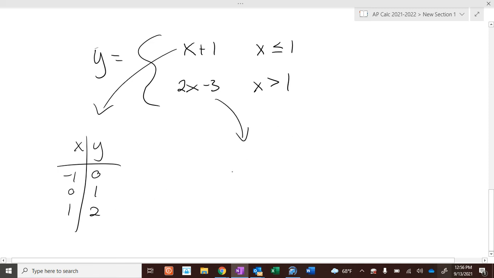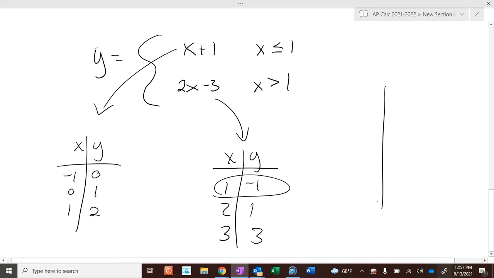And then do a table of values here, and go 1, 2, 3. And this one is going to be an open circle because it's not equal there, but we still need to find the end one. If we put in a 1, we get 2 minus 3, which is -1. Put in a 2, we get 1. Put in a 3, we get 3.